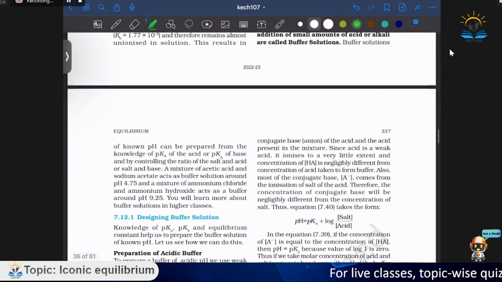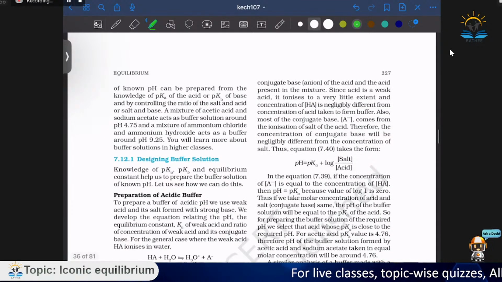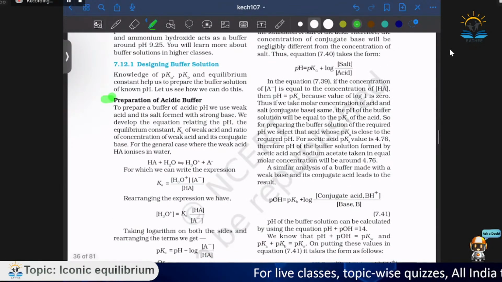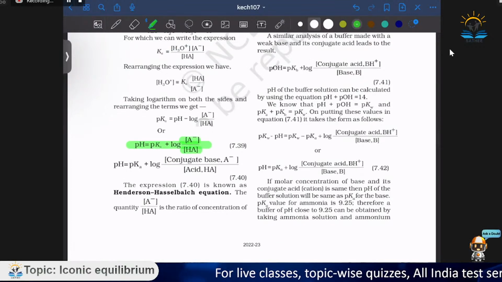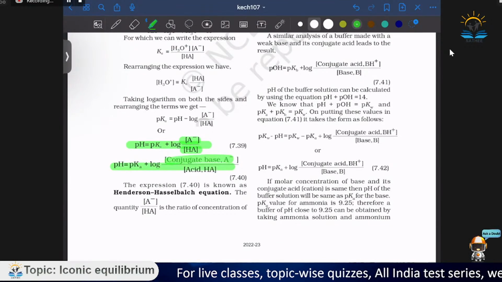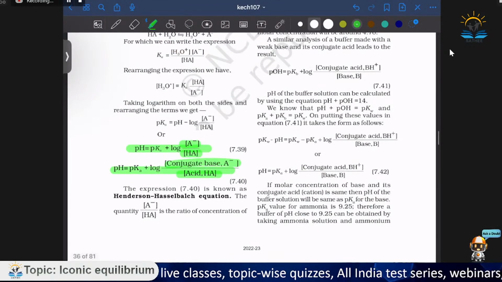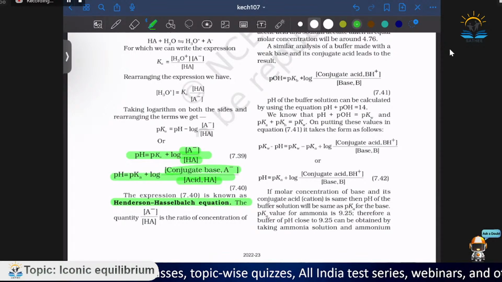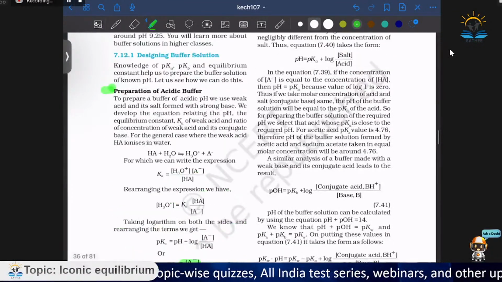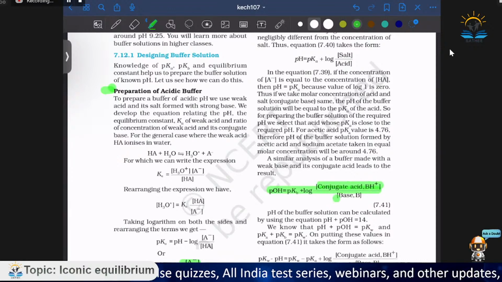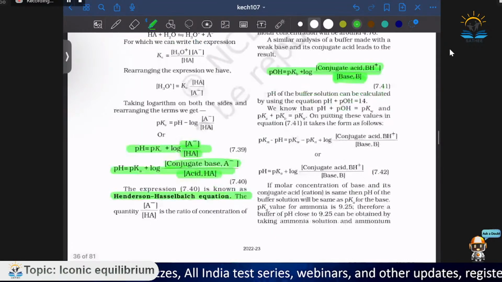Similar formula for buffer solutions. The formulae are similar here. This is for buffer, and it is called the Henderson-Hasselbalch equation. For base, you have this one.